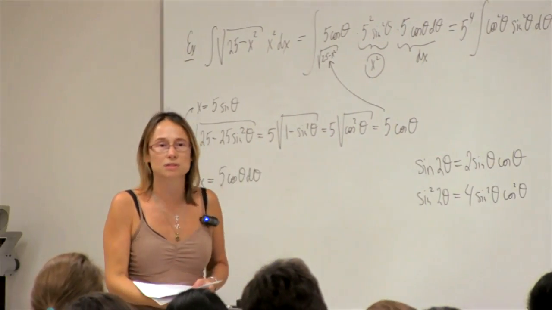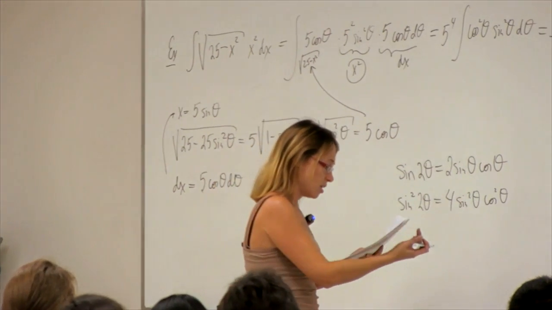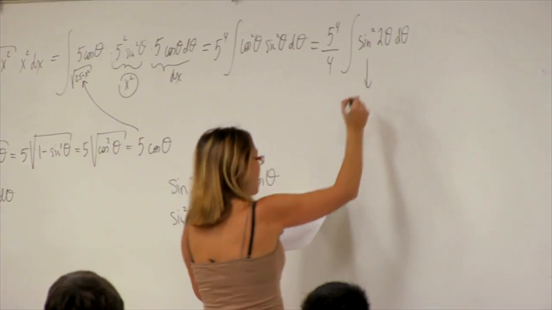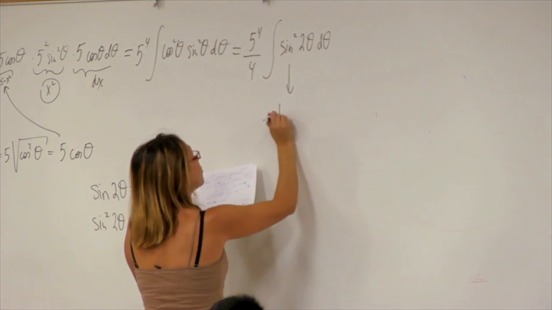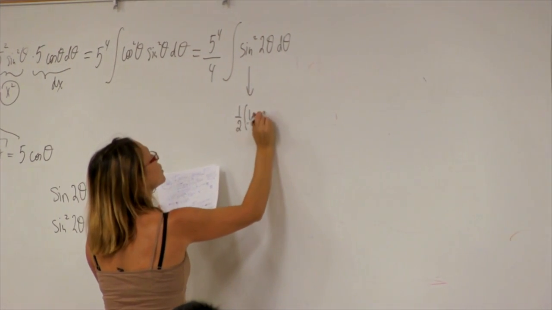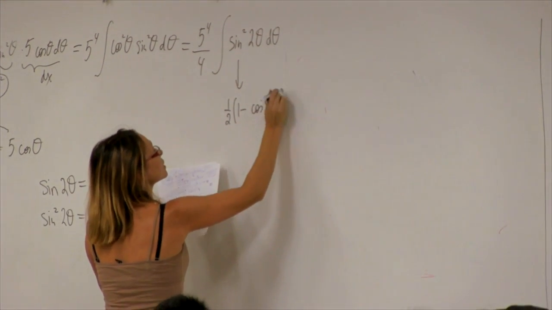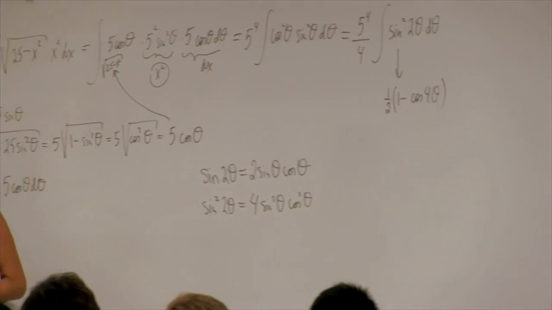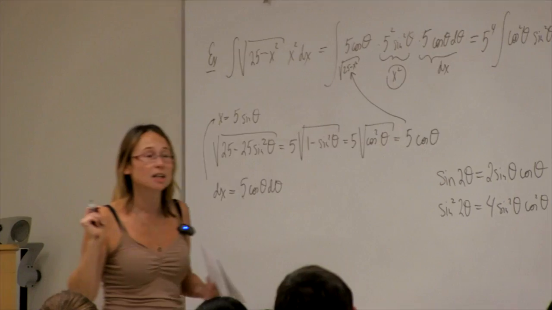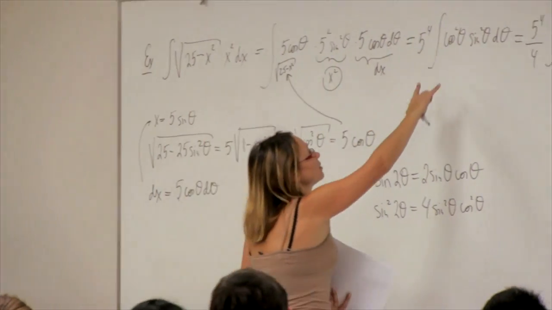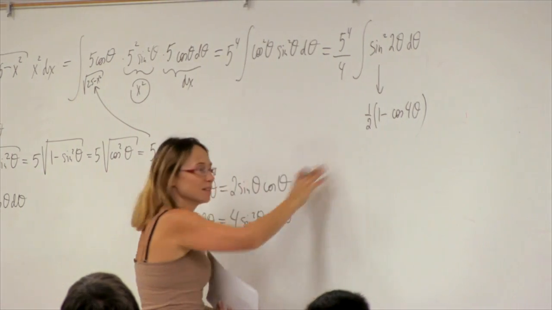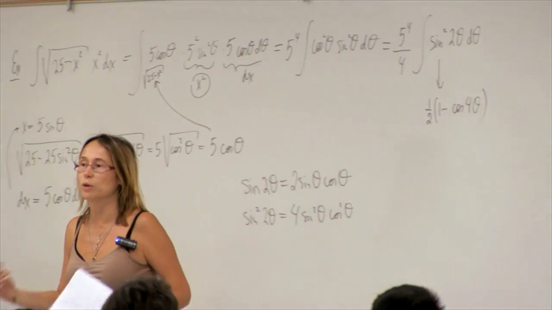I want to have a sine or cosine, not squared. So another identity comes here. I express this as 1/2 (1 minus cos 4 theta). It's another half angle identity. So you see, this is material of the previous lecture, where we have even powers of sines and cosines, and we keep using these half angle identities over and over until we're done.